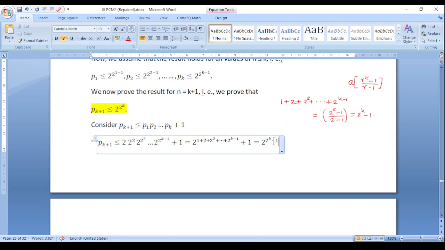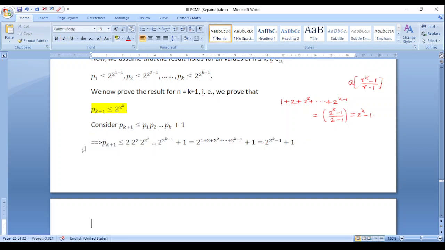Mind you, this minus 1 is not in the power for 2. For this 2, it is 2 to the power 2 to the power k minus 1 as such. And we have a plus 1 outside this, so this will be 2 to the power 2 to the power k minus 1 and then plus 1. Correct? Got this right?